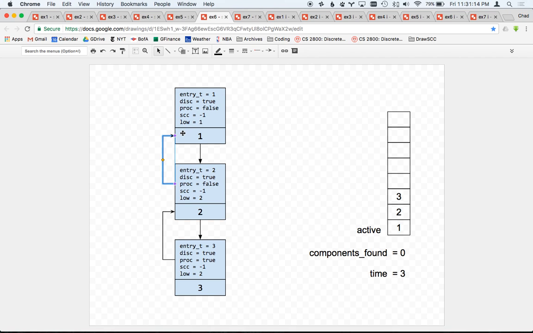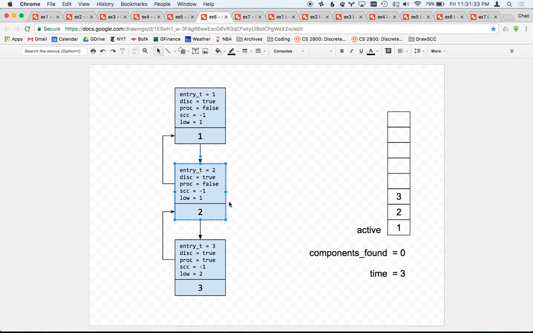And this edge is a back edge to vertex 1. And vertex 1 is an earlier vertex than vertex 2 is, so we can replace vertex 2's low with vertex 1. And now we have explored all of the edges out of vertex 2. So then we ask ourselves, is vertex 1 equal to vertex 2?